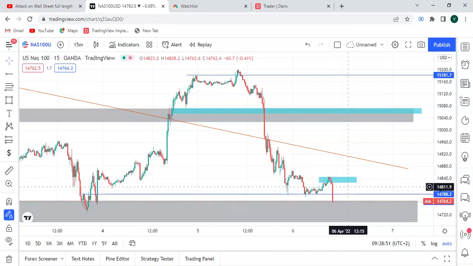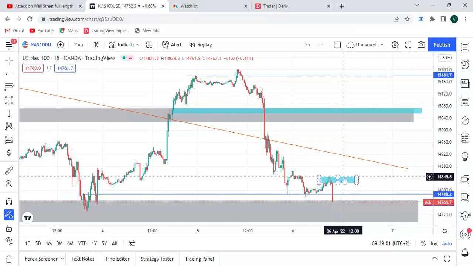If we do get a push to the upside, and then we get a mitigation here, if this one is mitigated, then yeah, we're going to start selling. This is our opportunity to sell if this one gets mitigated. And if it doesn't get mitigated, then we don't have any signal to sell.